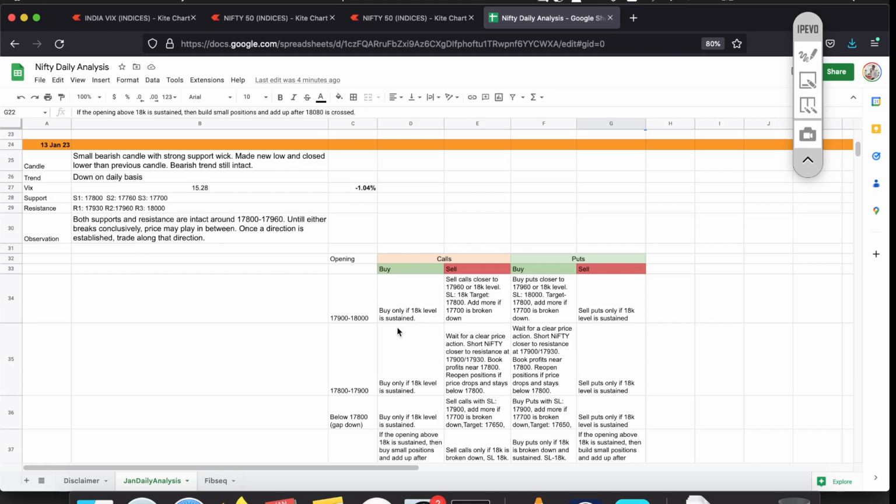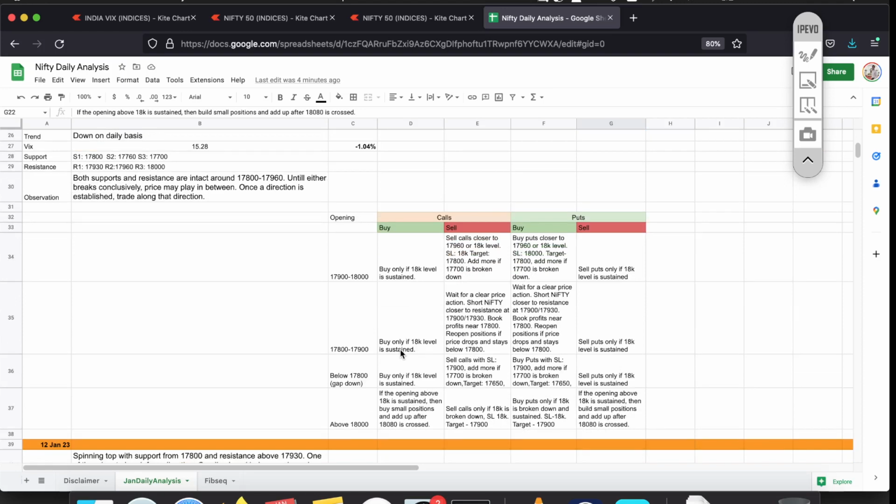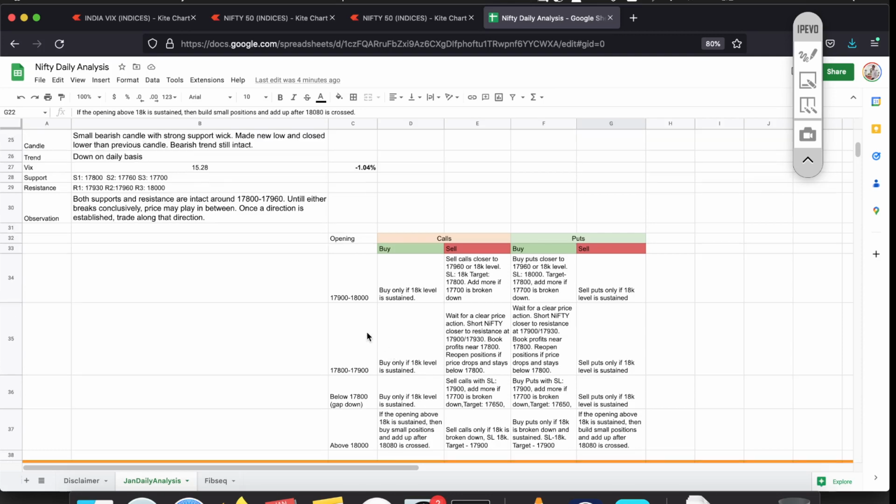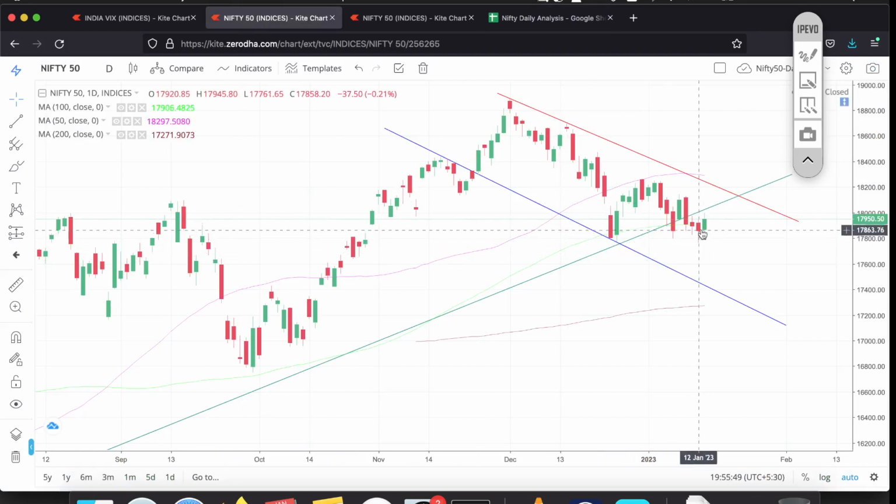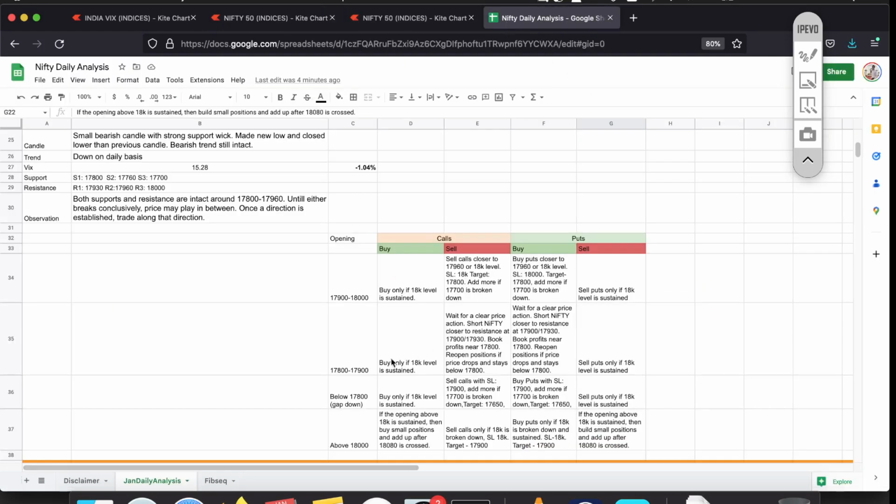I also mentioned a few possible trades depending on how Nifty may open and what the price action after that can be. Nifty has opened at 17,867 today. So that is between 17,800 and 17,900.